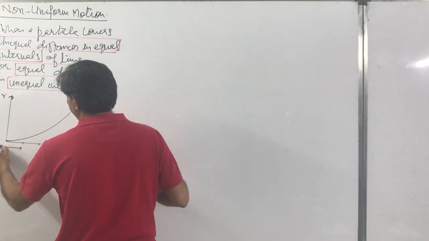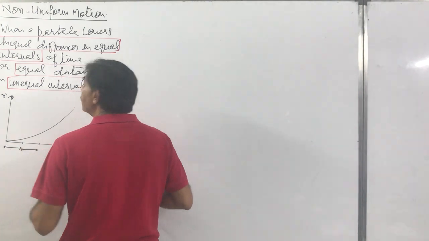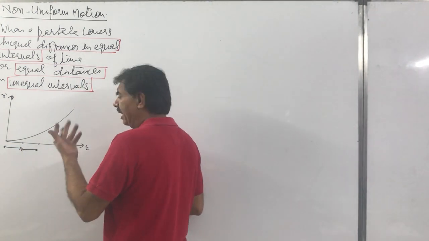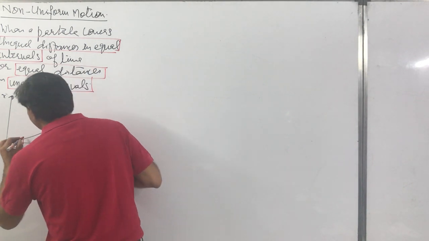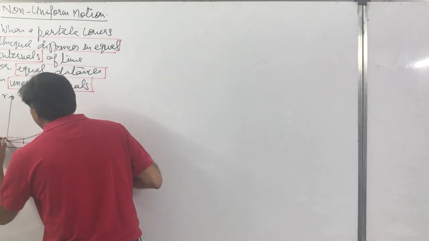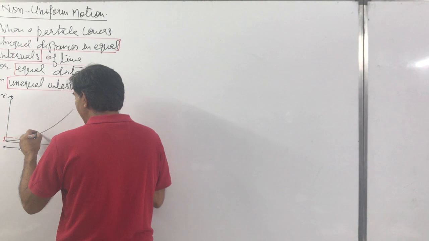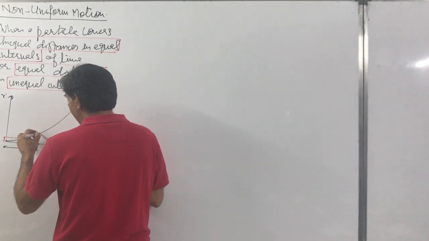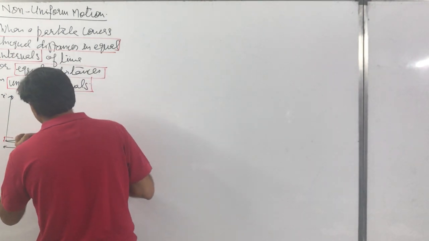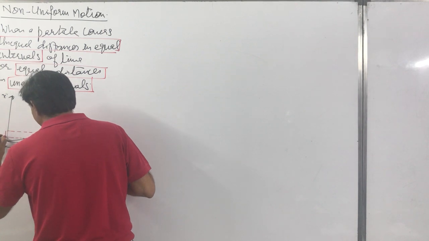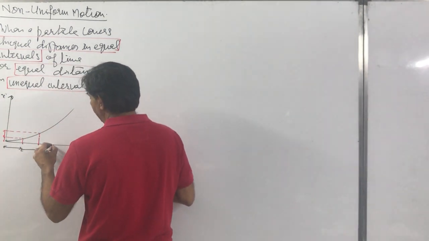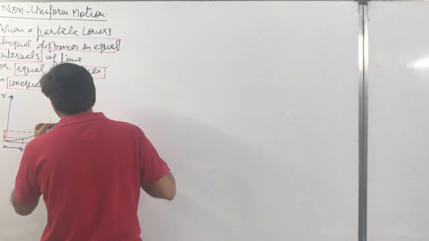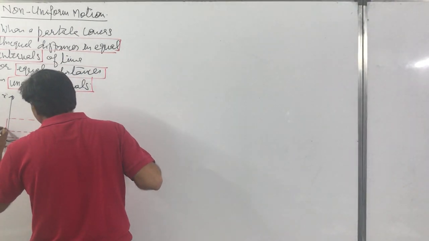This time interval and this time interval is the same. I took a bigger scale. So in this time interval, the distance covered is only this. Whereas in this time interval, this distance covered is more. For the same next time interval, the distance covered would be even more.